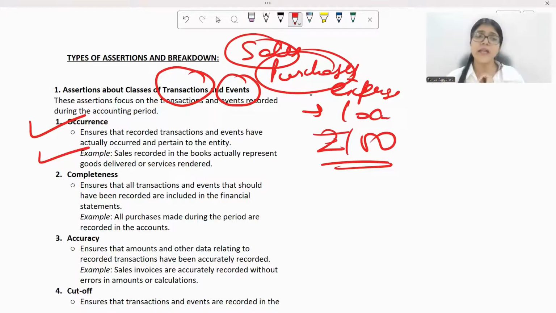Okay. Then is the completeness assertion, which is very evident from the word itself, completeness.